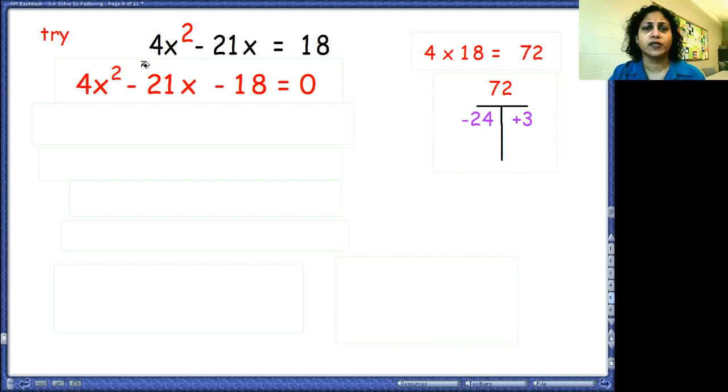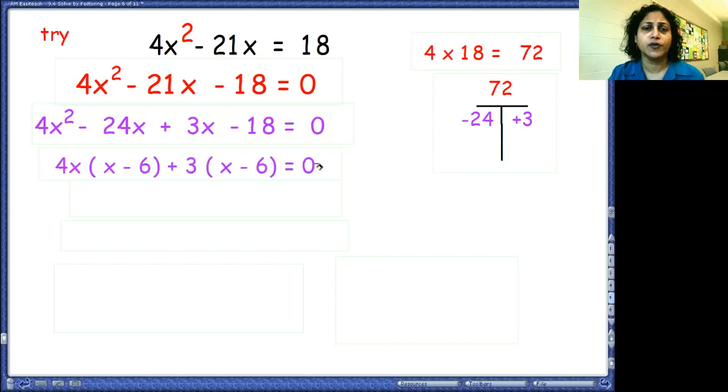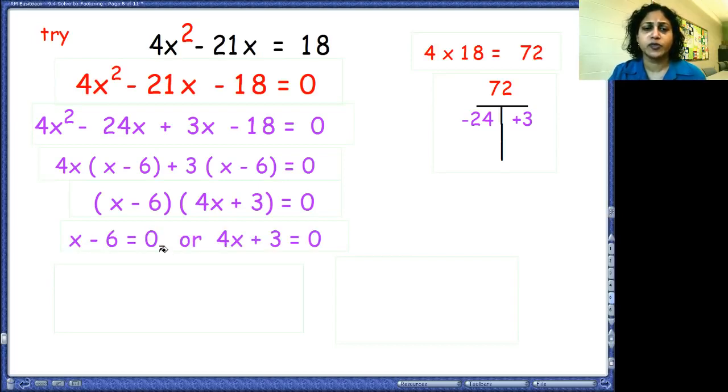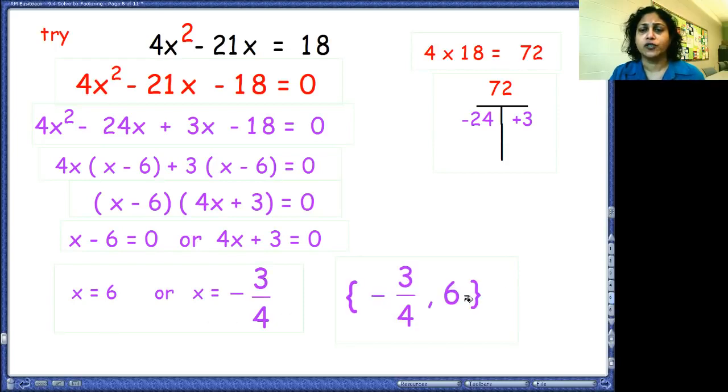You're going to split the middle term into minus 24x and plus 3x, and then use grouping to do the factoring. Turns out either x minus 6 is going to be 0 or 4x plus 3 is equal to 0. Solve these two equations and x is equal to either 6 or negative 3/4, which you write in a solution set. Again, you have found the x-intercepts of the function.